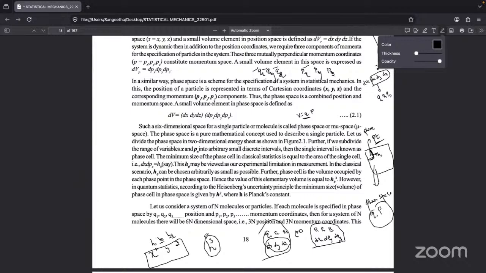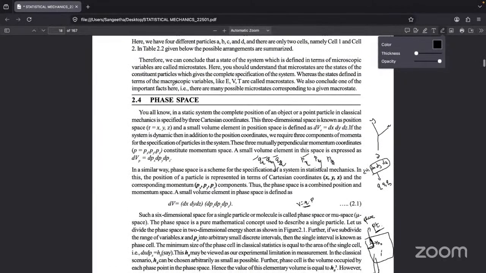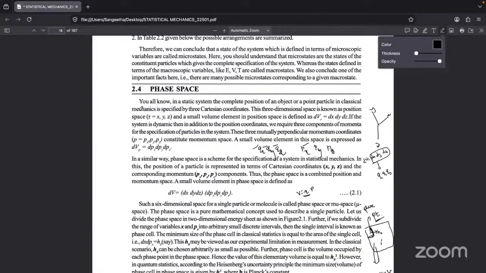Now we will see what is explained in these paragraphs. The position is represented with x, y, z, with its elements written as dx, dy, dz. In the same way, momentum is represented with px, py, pz, and it is expressed as dVp equal to dpx, dpy, dpz.